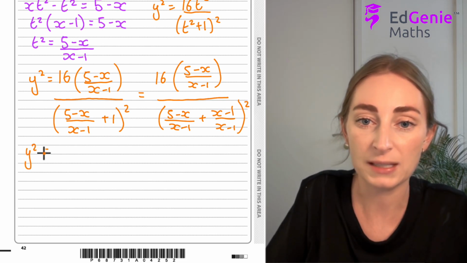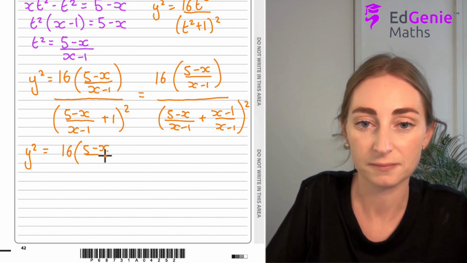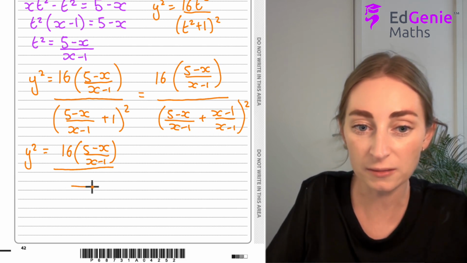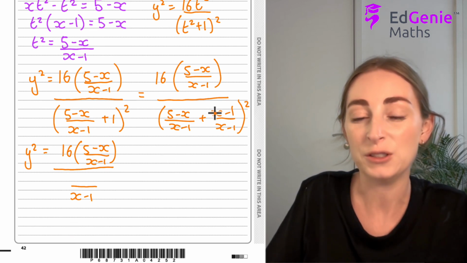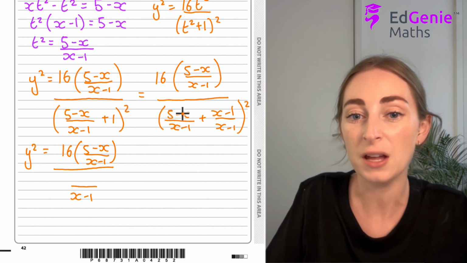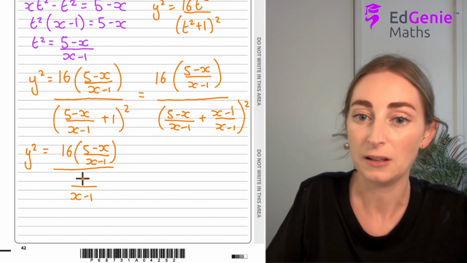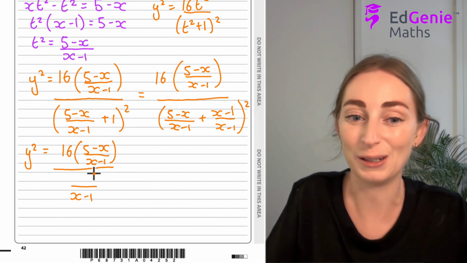So y squared equals, so now we put the whole thing, the whole of the denominator over x minus 1. And our numerator, we're going to have 5 minus x plus x minus 4. Minus 1, which 5 minus 1 is 4.